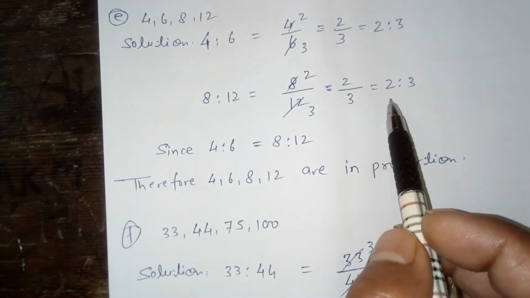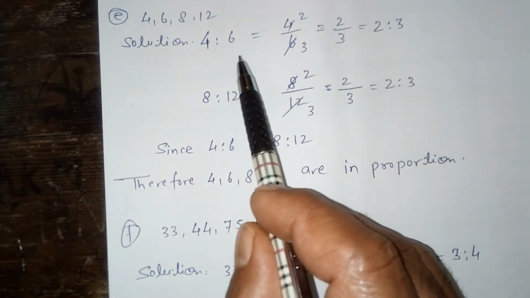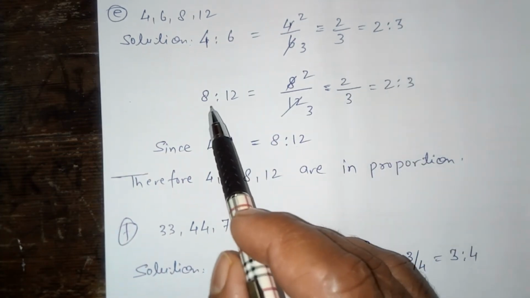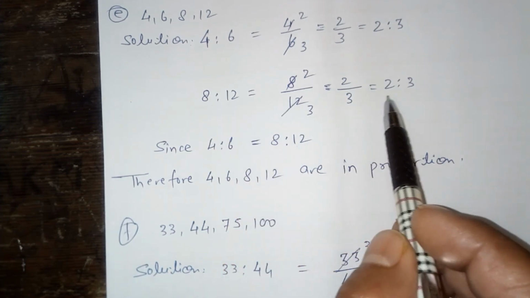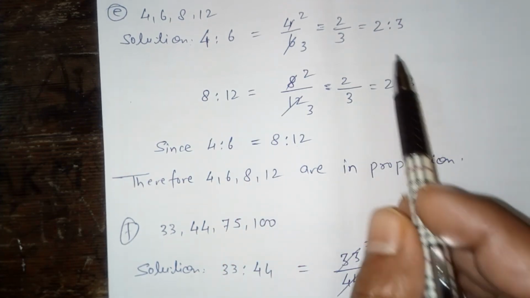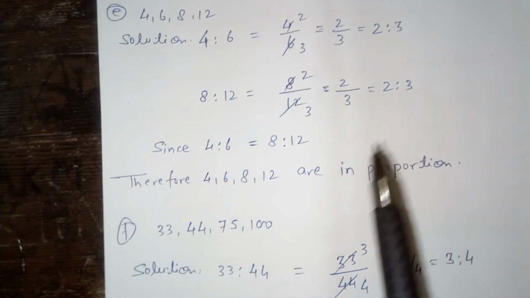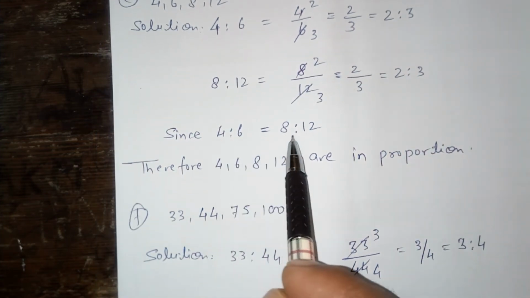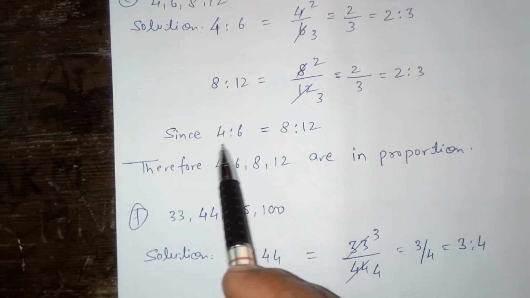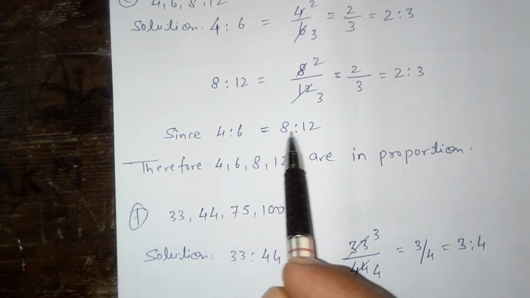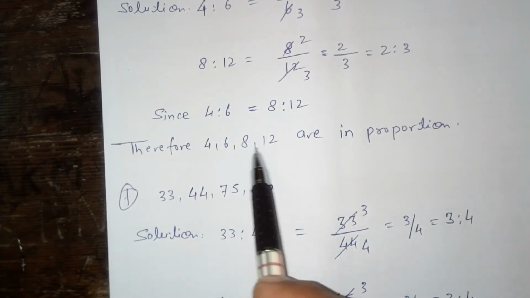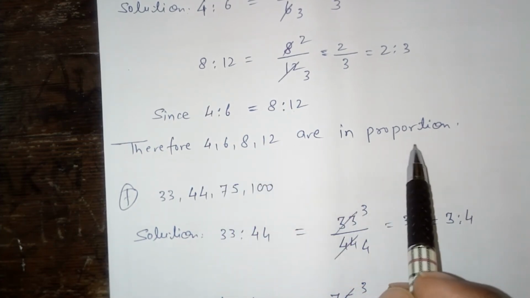As you are looking, the ratio of first and second number is 2:3, and the ratio of third and fourth number is 2:3. Okay, these two ratios are equal. Therefore 4:6 is equal to 8:12. Therefore 4, 6, 8, 12 are in proportion.